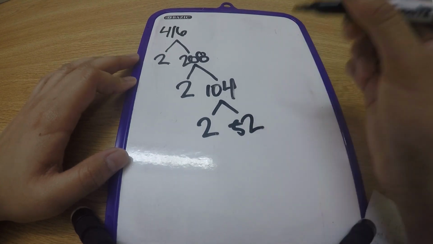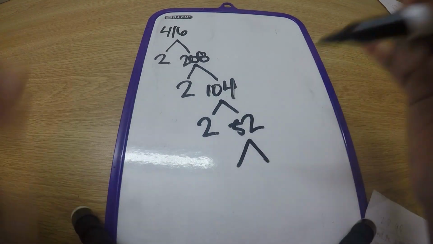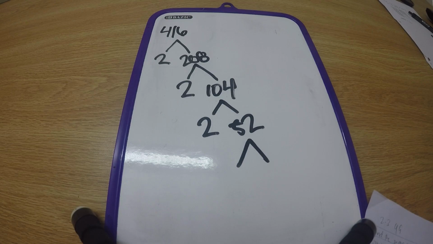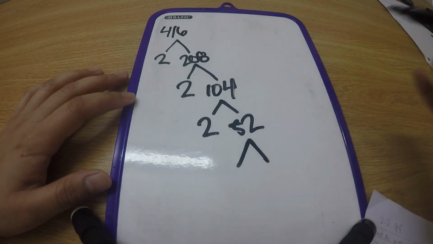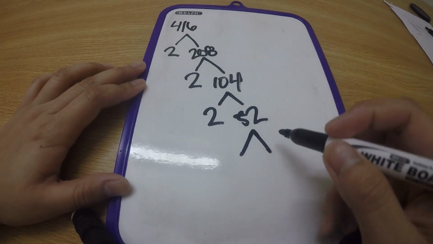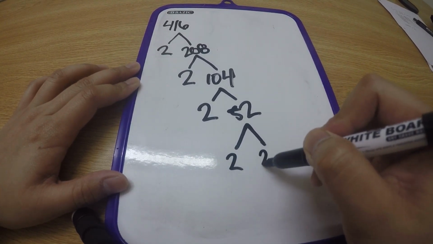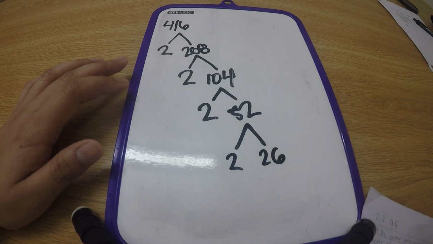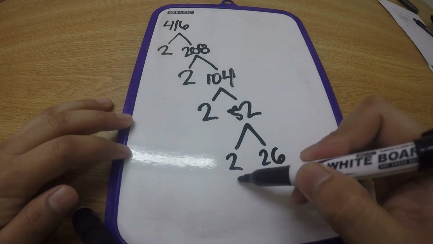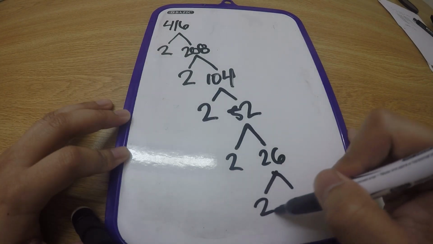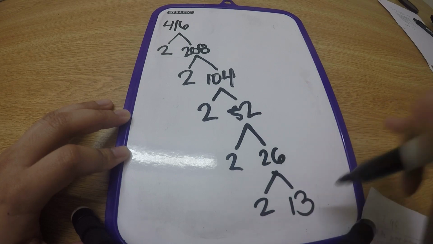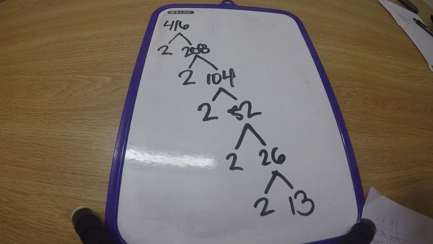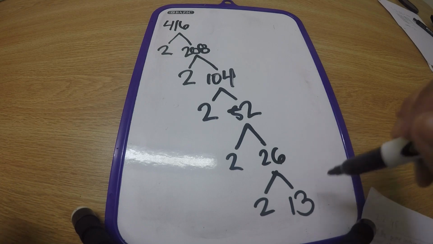And 52 is still divisible by 2, so you divide it by 2, which becomes 26. And 26 is still divisible by 2, which is 13. 13 is not divisible by 2, therefore we stop there.